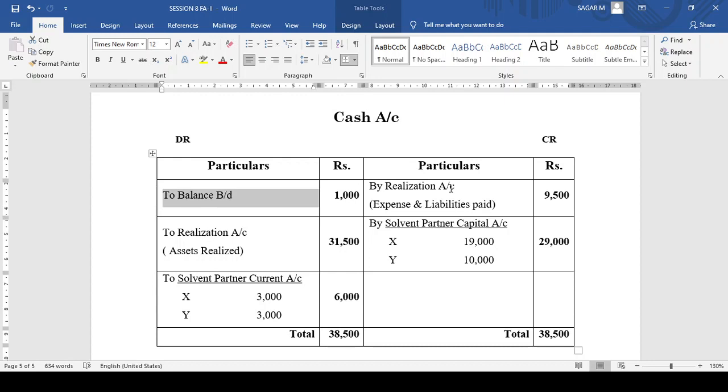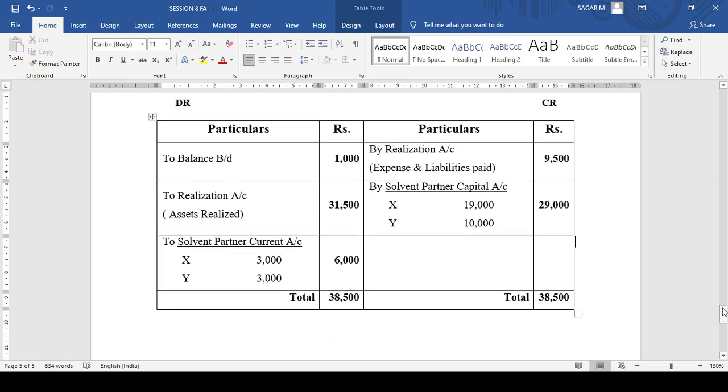Wherever you find cash on the debit side, transfer all those entries to the credit side of the cash account, and wherever you find cash on the credit side, transfer all those entries to the debit side of the cash account. And let me tell you, at the end your cash account must tally.